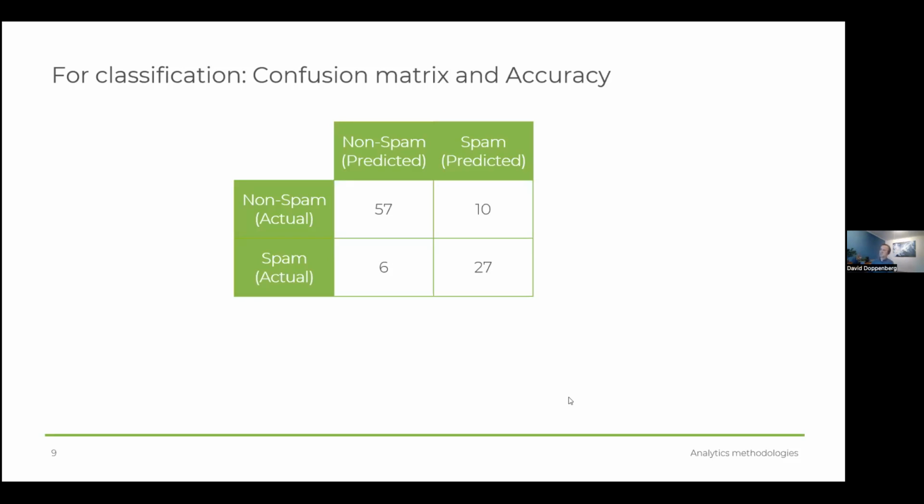One that's pretty obvious is something called accuracy, because what we could just do is consider the number of correct predictions we made, which is basically just the number of true negatives, 57, and the number of true positives, the 27 here, and sum those together and divide by the total number of observations we have. And this metric is called the accuracy, and it gives you insight into how many observations were correctly classified out of the total number of observations. So in this case, this means we classified 84% of the observations correctly.